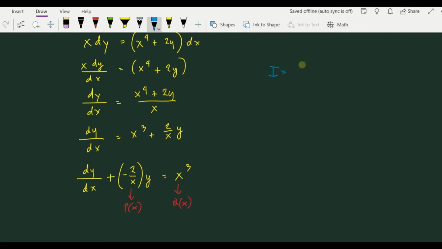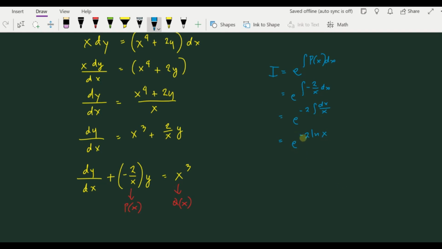I is equal to e raised to the integral of P of X dx. So, we have e raised to the integral of, ang P of X natin is negative 2 over X, so negative 2 over X dx. That becomes e raised to, labas yung negative 2, so we have dx over X. Okay, and then e raised to negative 2 times the integral of dx over x, which is ln x, right?